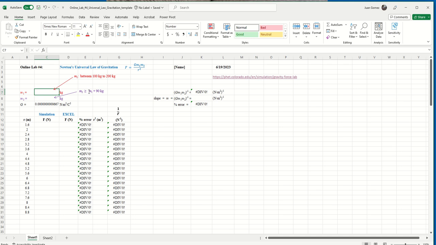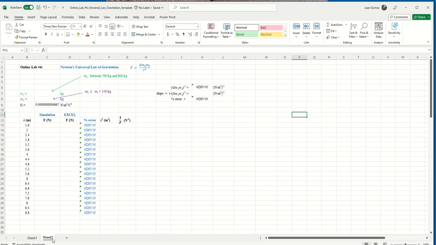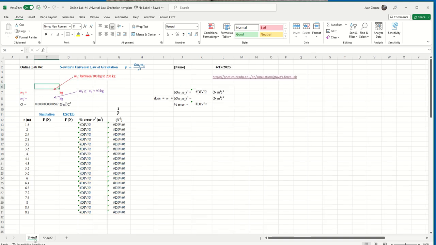See, M2 should be greater than or equal to M1 plus 90. And then in sheet 2, we're doing the same thing, only I want M1 to be between 700 and 800, and then I want M2 to be at least 150 kilograms greater than M1. So we're doing it for some relatively small values for M1, M2, and then somewhat larger values.